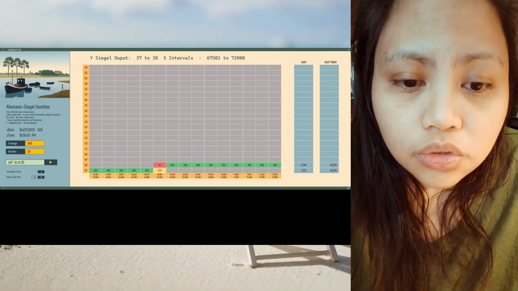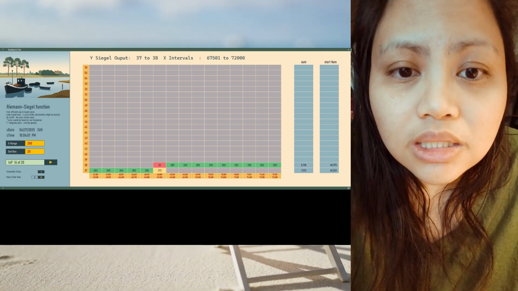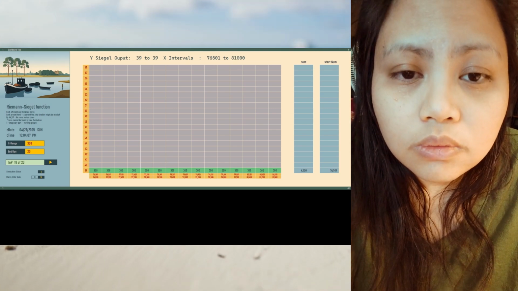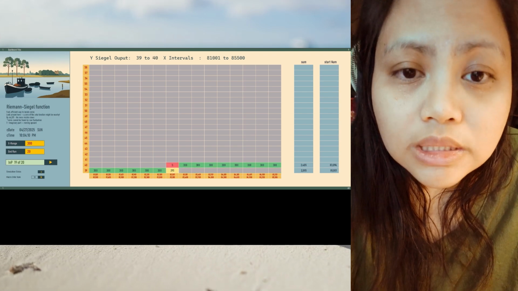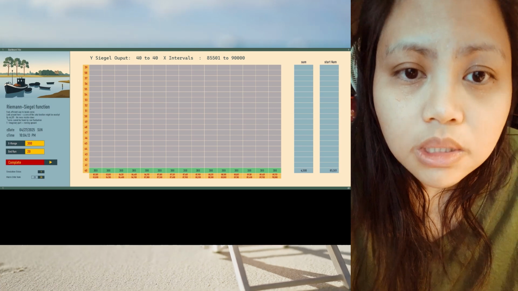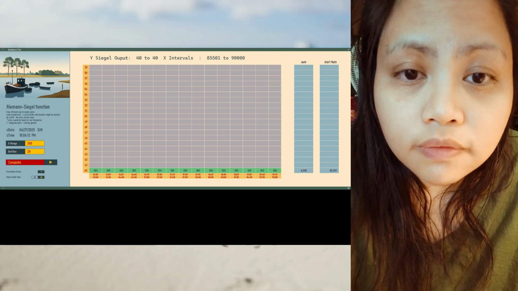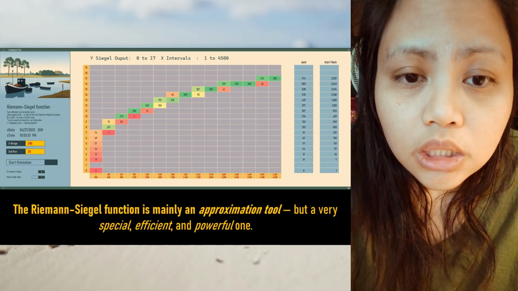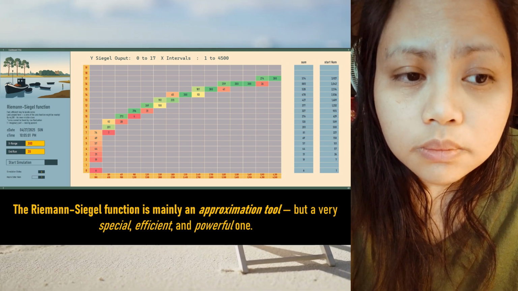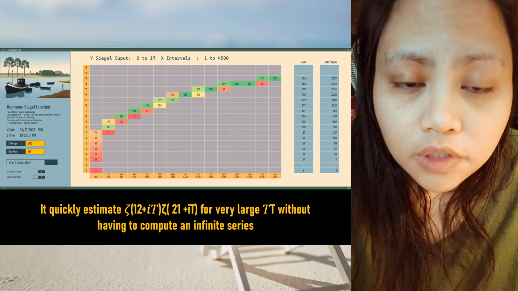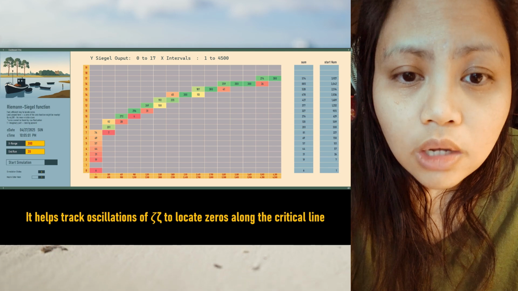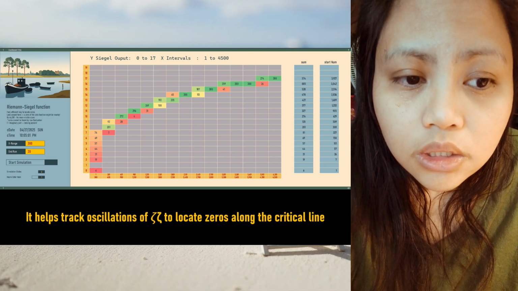And so this one that I'm presenting, it's an approximation tool. It was designed just to give a rough estimate of which interval to input, because if you input the first zeta zero, which is 14, you actually have to increment it.